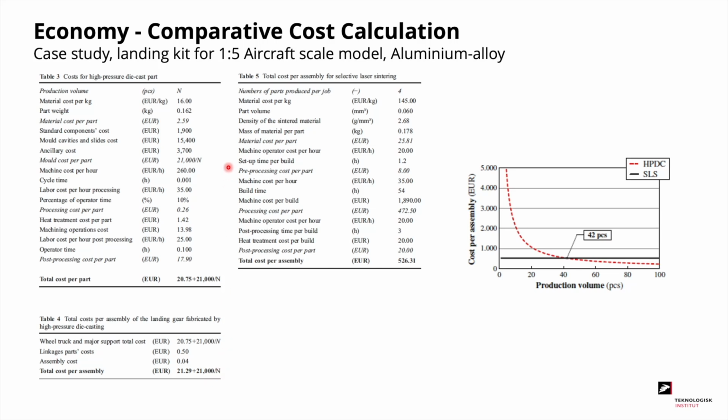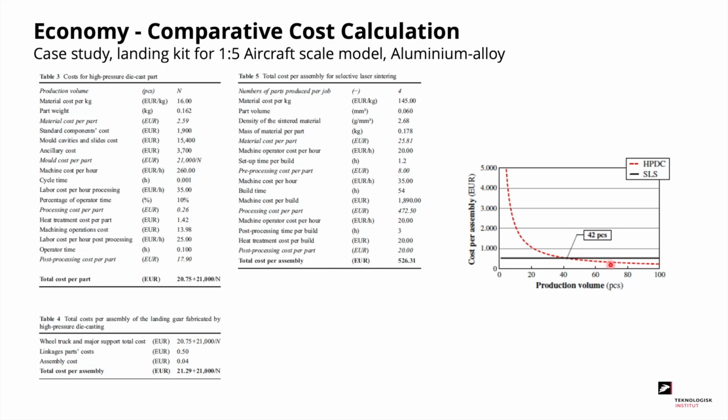To the right you have the cost for additive manufacturing, and you have similarly a number of contributions shown in italic. The material costs, the pre-processing cost, processing cost, and post-processing cost, summing up to 526.31 euro per landing kit. Putting these figures in the graph shown to the right, you see that the heavy investment in the mold has to be depreciated over the number of parts.